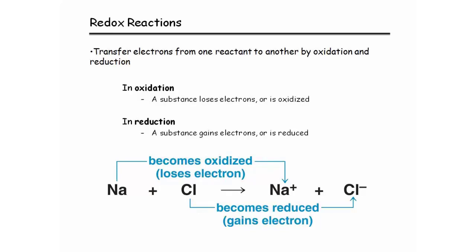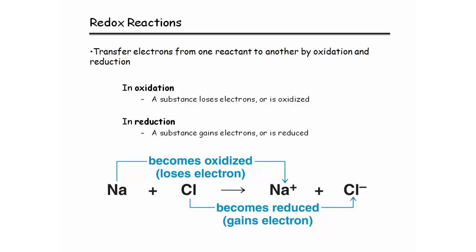We have sodium, which is not very electronegative, and we have chlorine, which is highly electronegative. And when the two are close together, the chlorine takes an electron from the sodium. Now, as we described it before, the sodium turns into a cation or becomes positively charged, and the chlorine becomes negatively charged or turns into an anion.